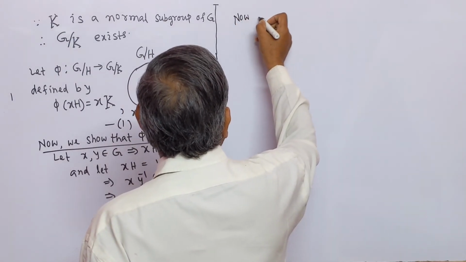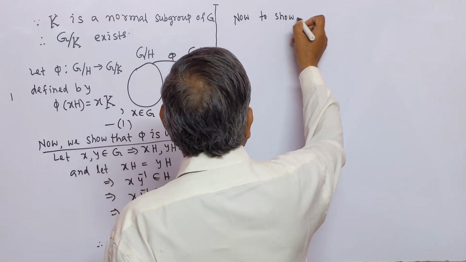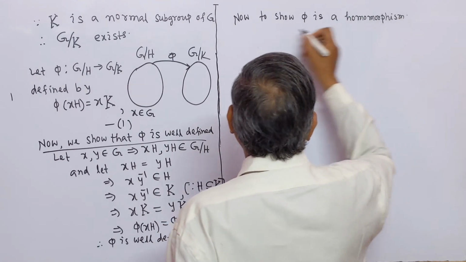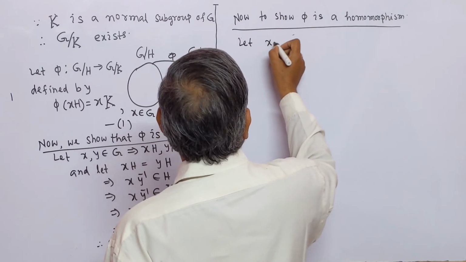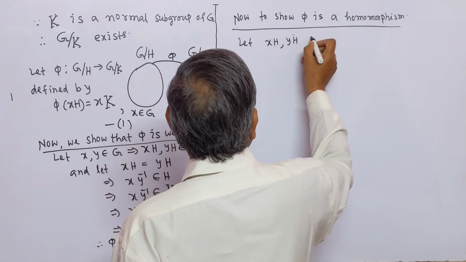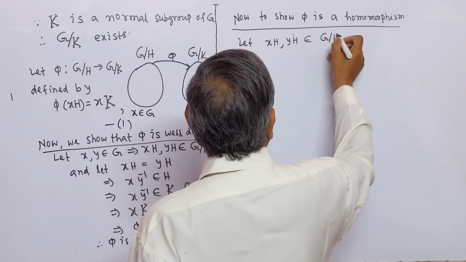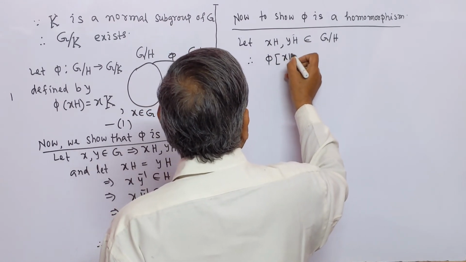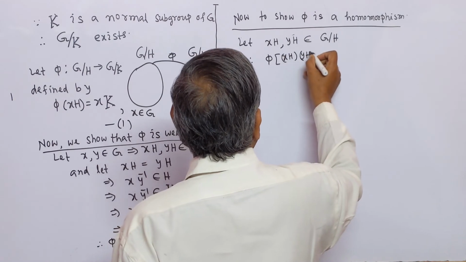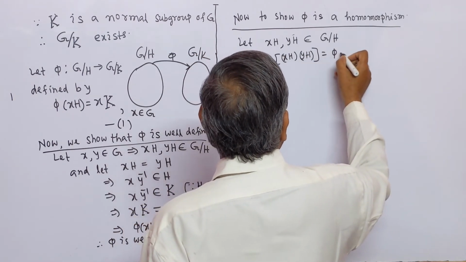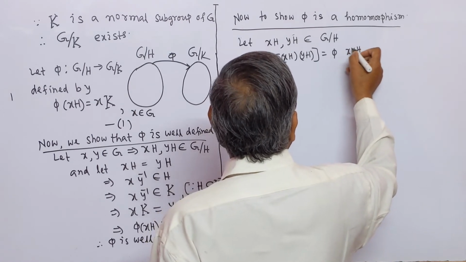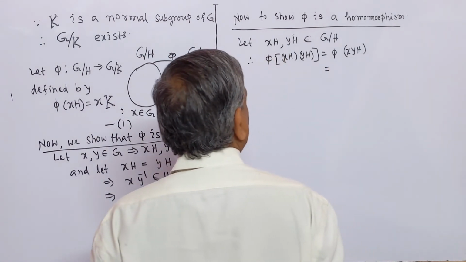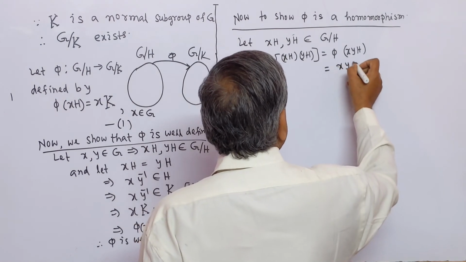Now, to show phi is a homomorphism, let xH, yH belongs to G by H. Therefore, phi of xH yH equal to phi of xyH. This equal to xyK.